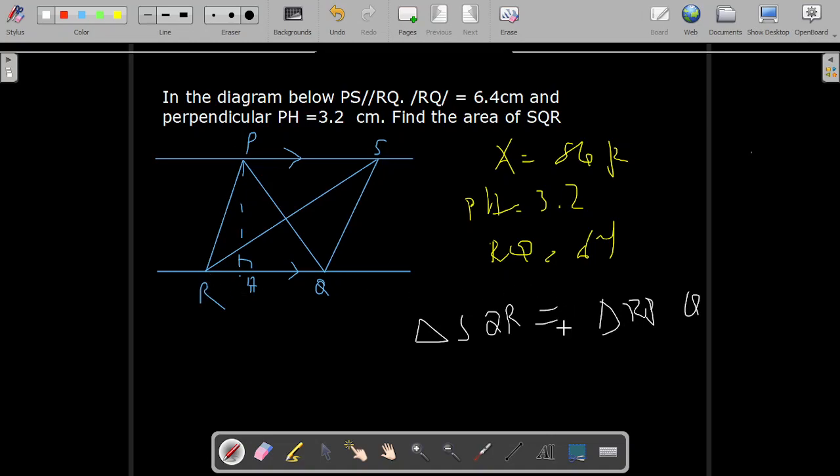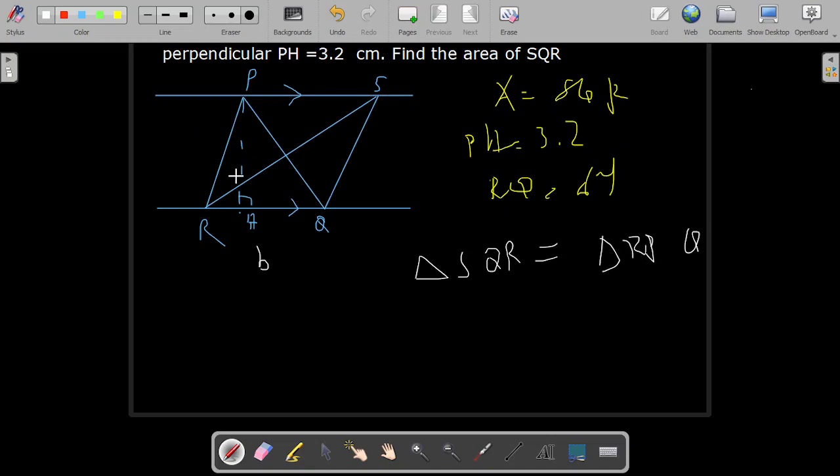So how do we solve a question like this? For triangle RPQ, we have its base RQ as 6.4, and we have the height as 3.2, so we can definitely obtain the area of this triangle PQR by making use of the formula.